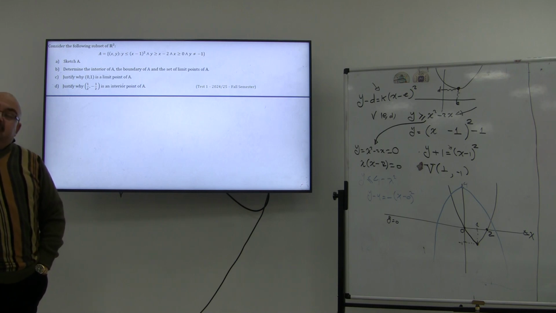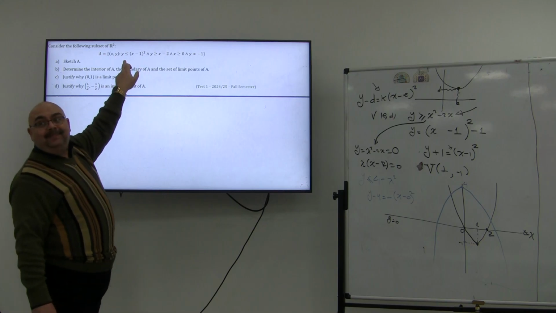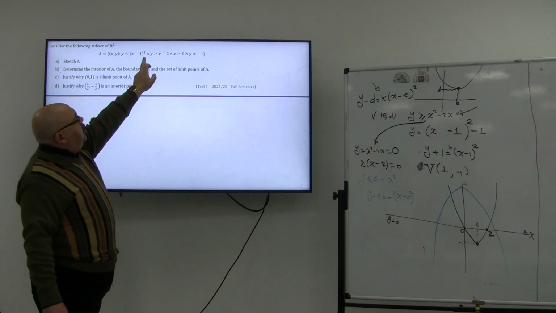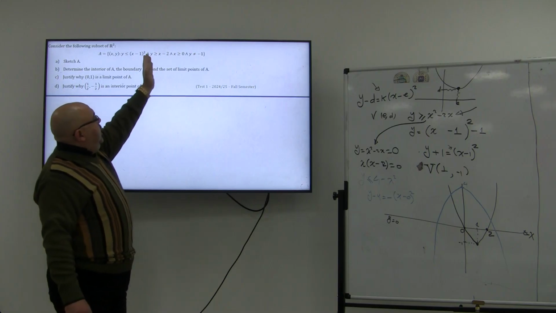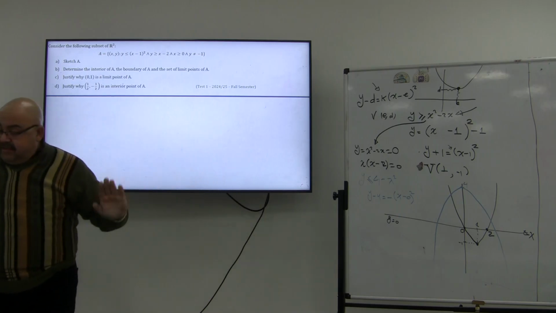A parabola with a vertex at x equals 1 and y equals 0. And for the straight line, y equals x minus 2. And for x greater than 0, so I'm talking about the right-hand side.